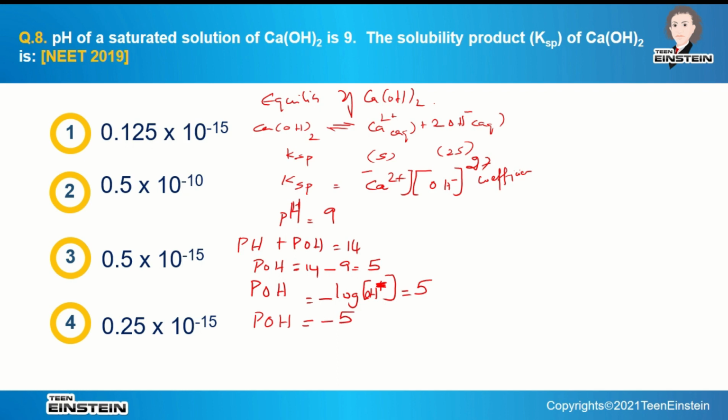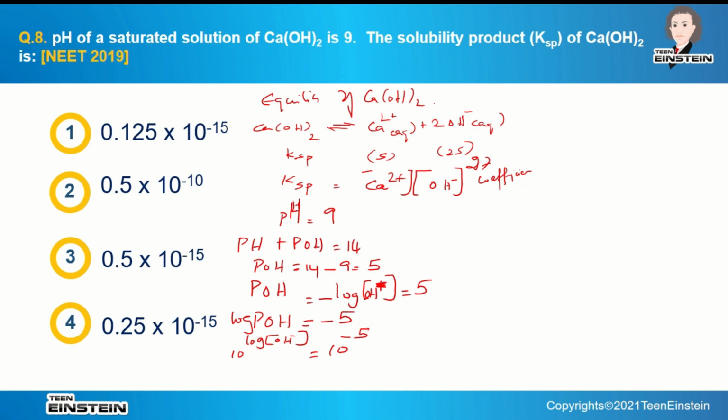So now we take the power of 10. So 10 to the power of log [OH−] is equal to 10 to the power minus 5.